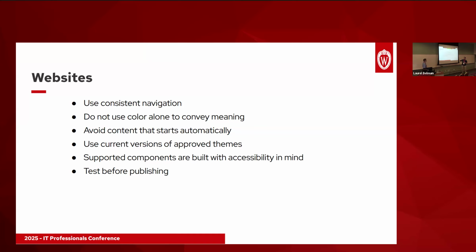And similarly, using code blocks or components that already have accessibility baked into them, so instead of making your own accordion, has somebody already built that we can just pull their accordion in or their slider, and that's already accessible. And then testing before publishing, just making sure that before we release this to the world that it is accessible and that we have crossed those T's and dotted those I's.